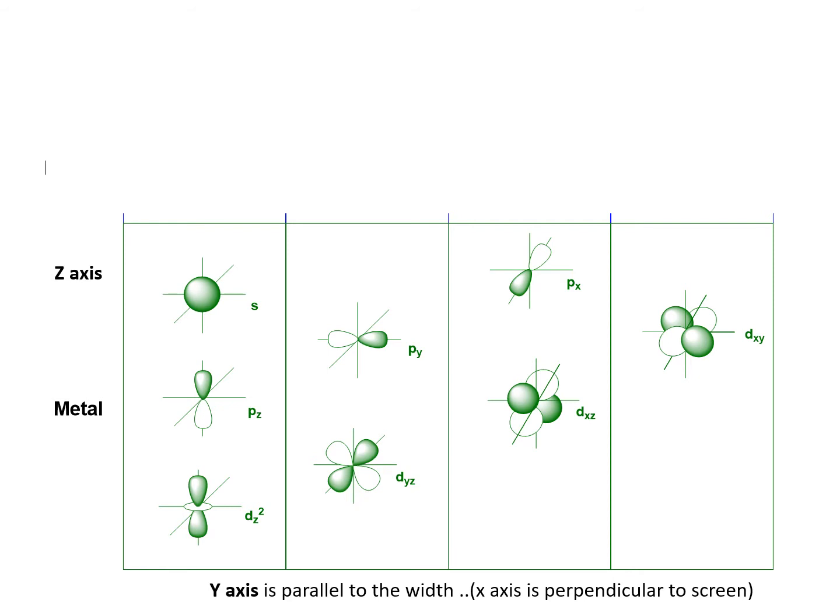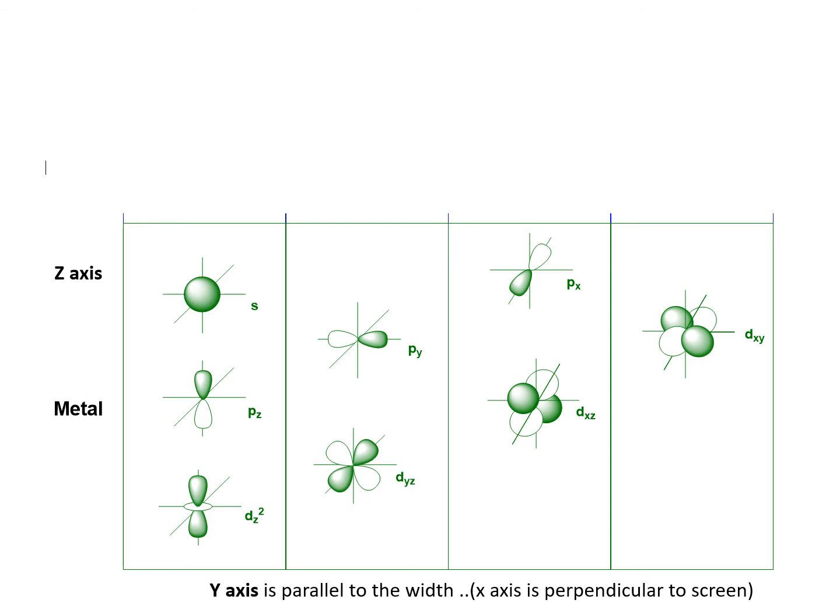The y-axis is along the width of the screen, parallel to the width of the screen, and the z-axis is parallel to the height of the screen. So the height is along the z-axis and the width is along the y-axis. The x-axis, in this particular notation, the way I've drawn it, is perpendicular to the screen.